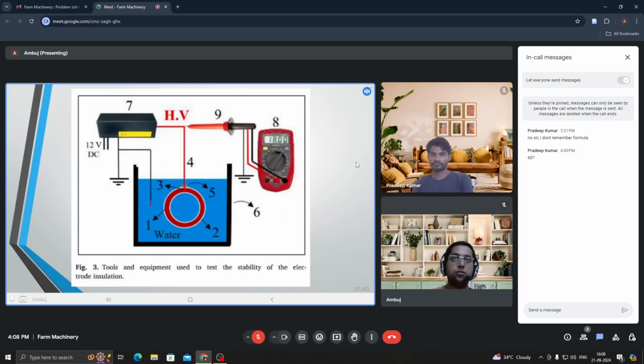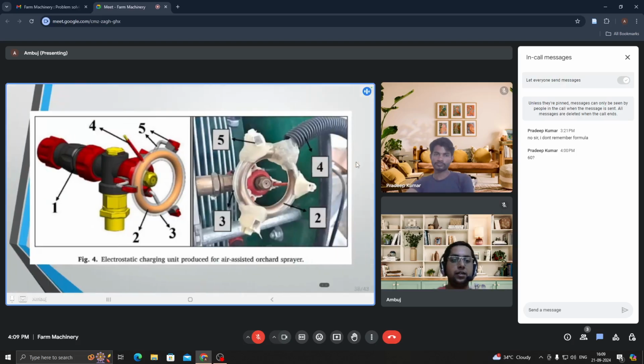Because you have provided the grounding or negative charge to the water, and you are introducing a high voltage to my electrode, due to the repulsion forces the electrode would be entirely positively charged. This is the concept behind it.